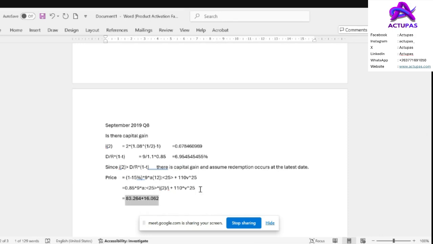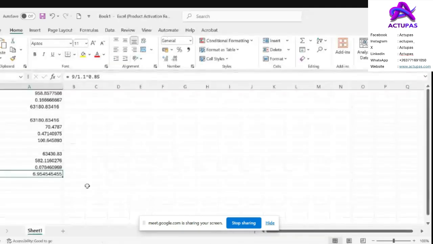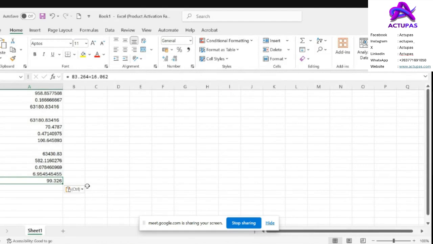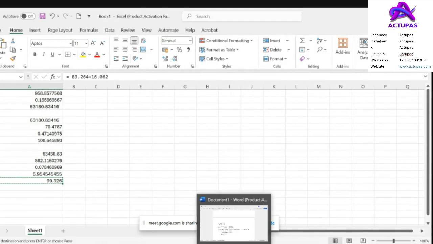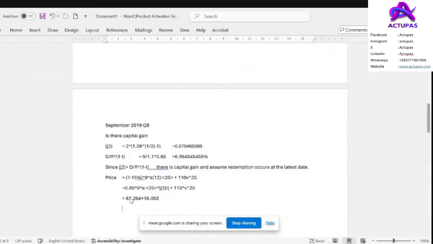Copy this, put it in Excel, paste. So this would be your price per 100 nominal.